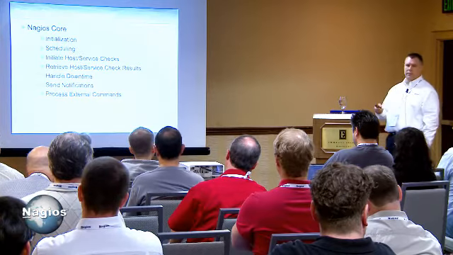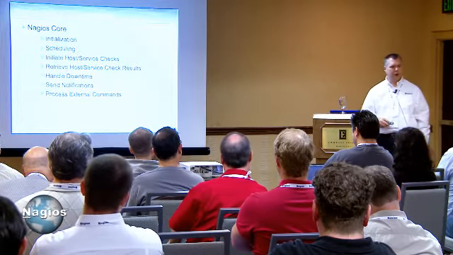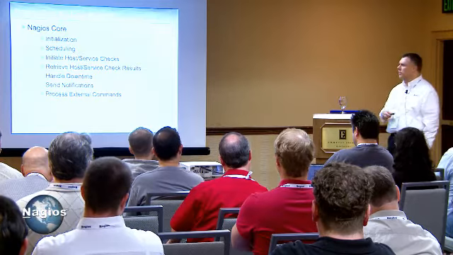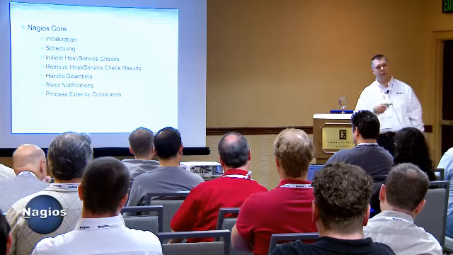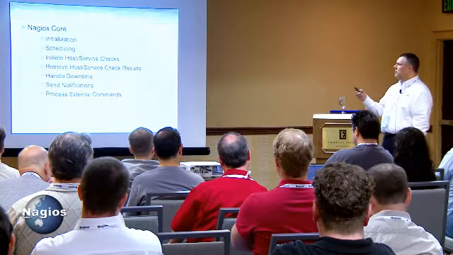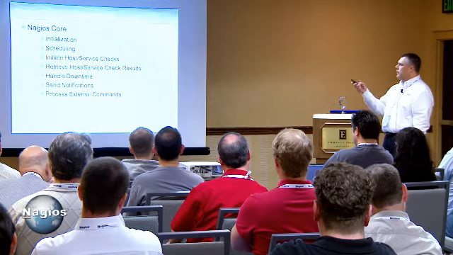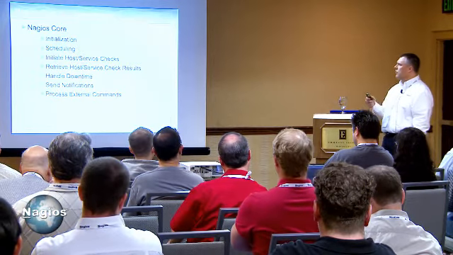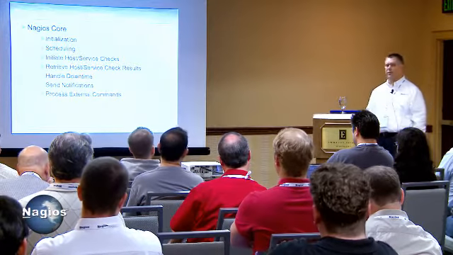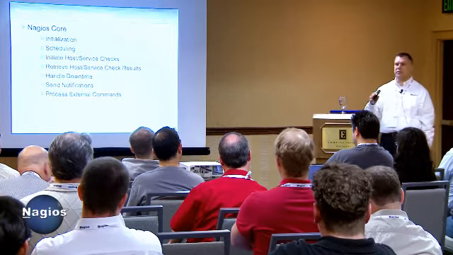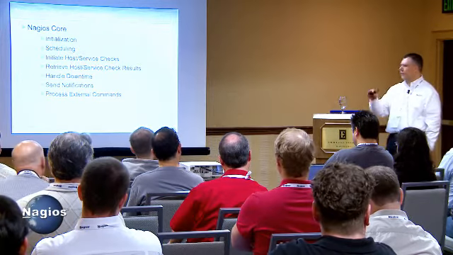Then there's the whole scheduling piece. We talked about all the things that need to go into the event queue: service checks, host checks, freshness checks, downtimes, downtime starts, downtime expirations. All of that goes into the scheduling. Then the other thing that Core still does is it initiates host and service checks. So it says, hey, it's time to do a service check, let's go do it.